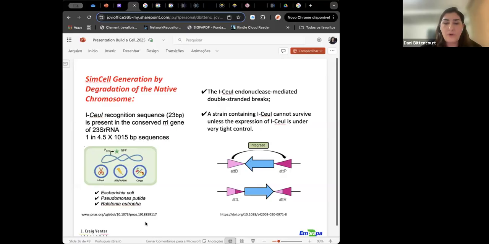So we decided to move to a different strategy where we also use an integrase. The integrase is now under the control of tetracycline, and the endonuclease gene is upside down, in a different position between the integrase recognition regions. Once I have tetracycline, I have expression of the integrase, and the integrase then enables activation of the endonuclease expression.